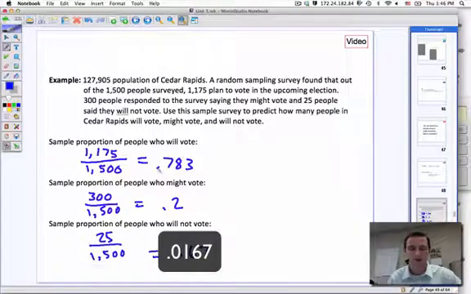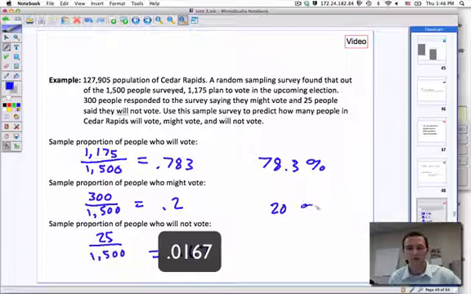Okay, so what we can do is look at this right here. This means that 0.783 is the sample proportion of people who will vote. I'm going to write these all as percents. So about 78.3% of those surveyed said that they will vote. About 20% said that they might vote. And another 1.67% said that they will not vote.